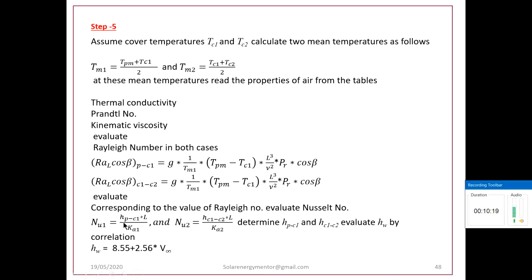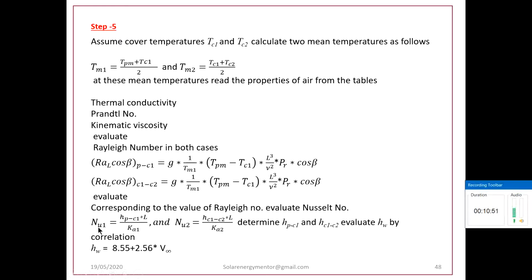Now the Nusselt number is given as h, the convective heat transfer coefficient from plate to cover 1, into L, the spacing between the plate and the first glass cover, divided by Ka, the thermal conductivity of air, for Nu1. In the second case, Nu2, h is the convective heat transfer coefficient from cover 1 to cover 2, and L is the spacing between cover 1 and cover 2, which is given, and this is the thermal conductivity of air.